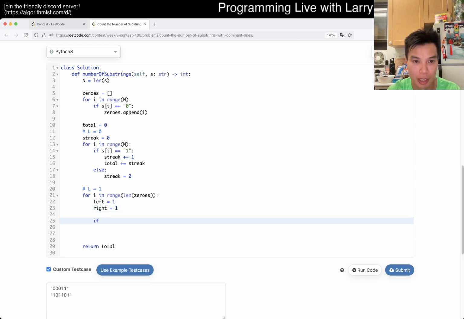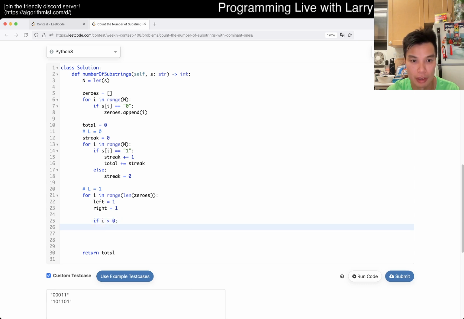If I is greater than 0, then it's zeros I minus 1, zeros of I. Let's just call it Z. Too much typing. Okay, so then this is the number of ones, minus 1, I think.